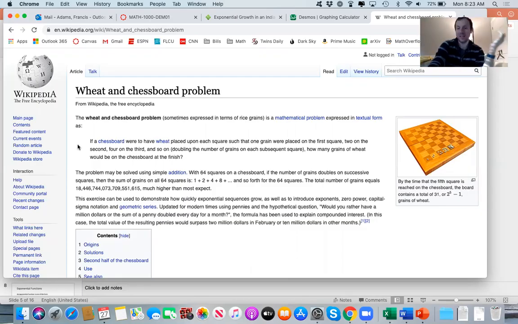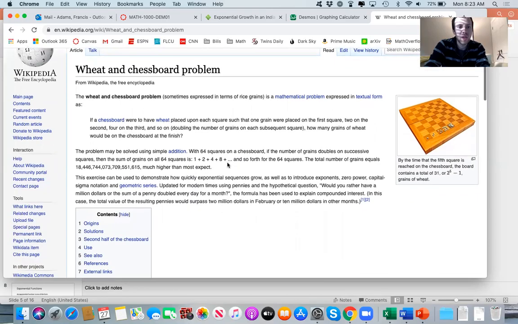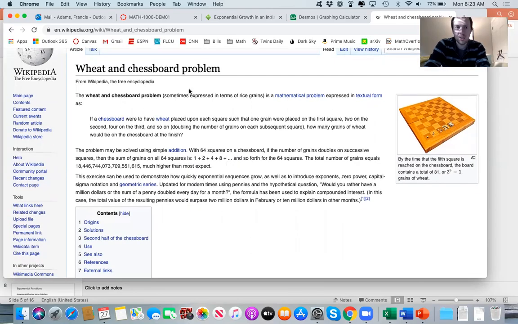People just don't go in and want to change it. That parable is really called the wheat or rice and chessboard problem, which is how many pieces of rice do you have?